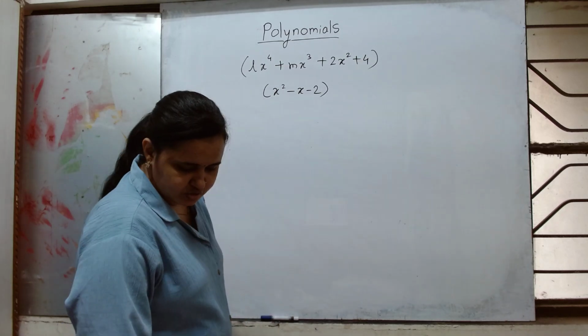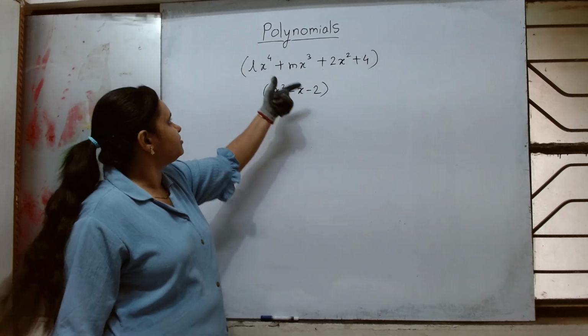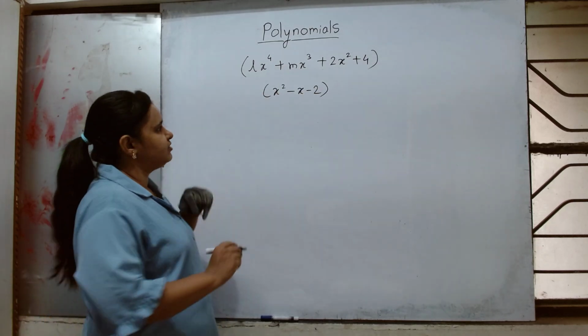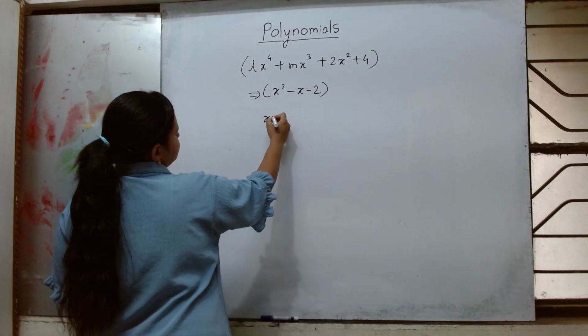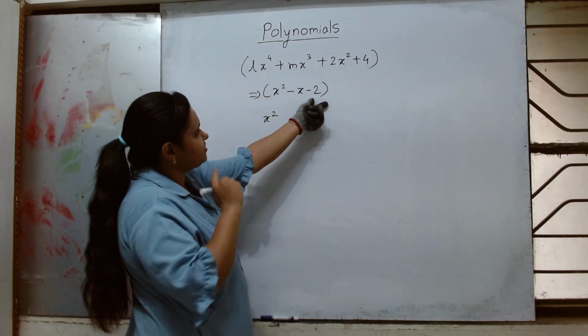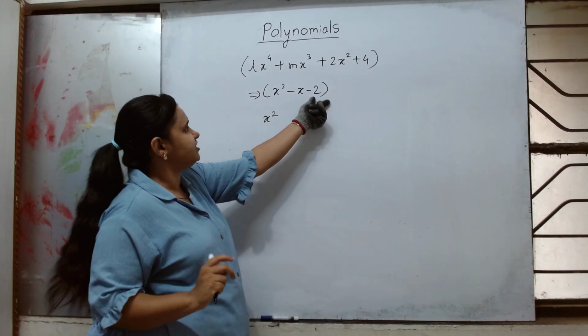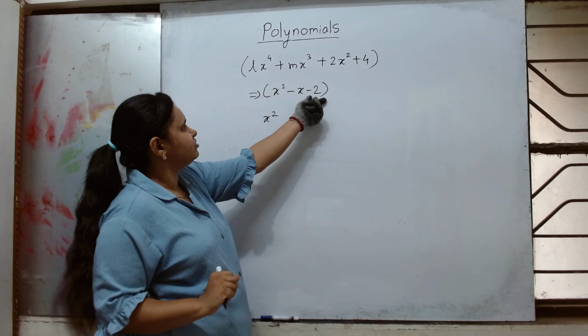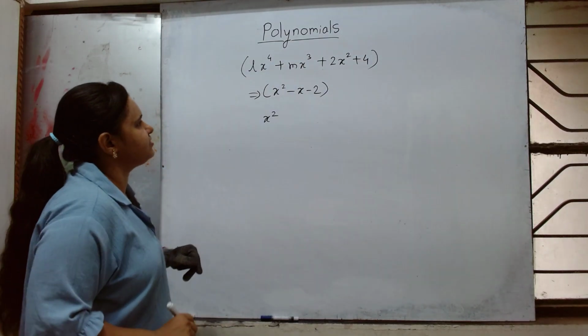Okay. First we have to find the factors of this, because we have to divide by it. We will find the factors of this polynomial. It will be x square. We have to find two numbers whose product is minus 2 and whose sum is minus 1. So what are the numbers?